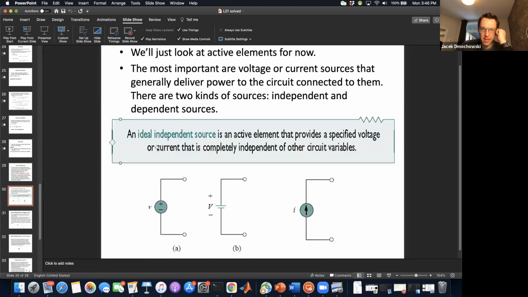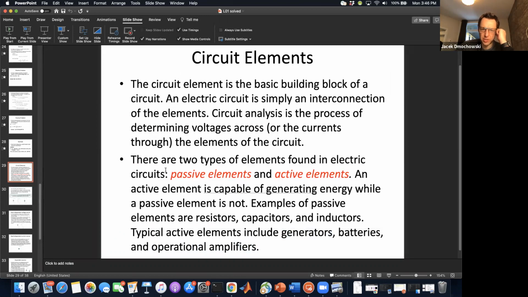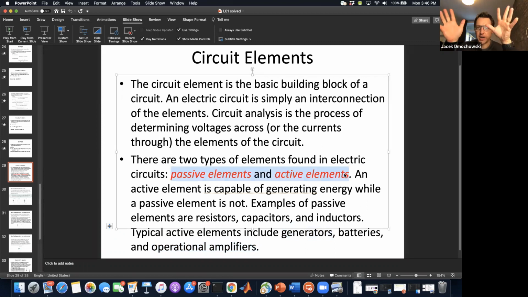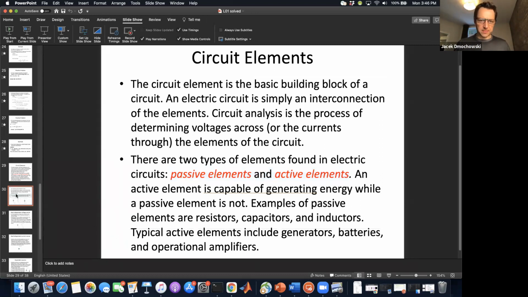Okay, so that's one distinction. A passive element just sits there and responds to the sources of energy in the circuit, whereas an active element can actually inject energy into the circuit or multiply it.